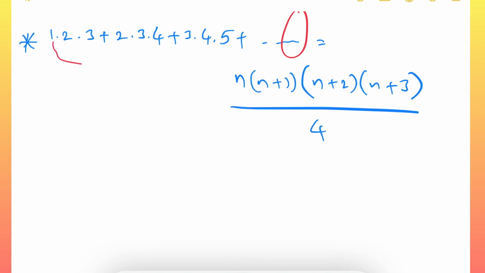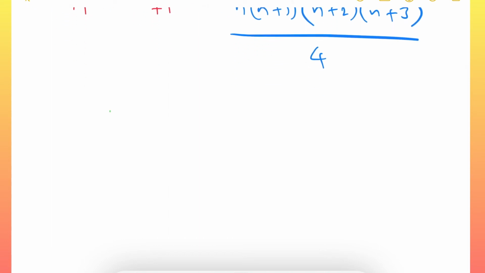First number is 1, then 2, then 3. Now if we observe how much difference is there in between these numbers, from 1 to 2 1 is the difference, from 2 to 3 also 1 is the difference. So here the common difference is same. So I can say the first numbers 1 2 3 and so on, those are in AP. So by using the nth term of AP, I am going to find the nth term. So nth term of AP is nothing but an equals to a plus n minus 1 into d.